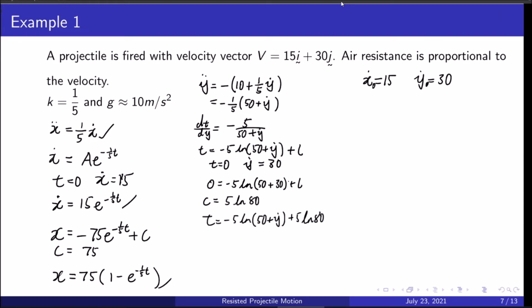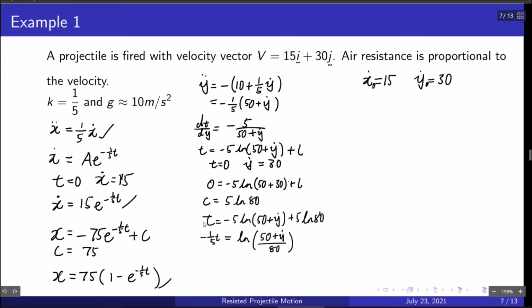Of course, we can just move everything to the one side. So we have negative 1/5 of t equals log 50 plus y dot divided by 80, because we factor negative 1.